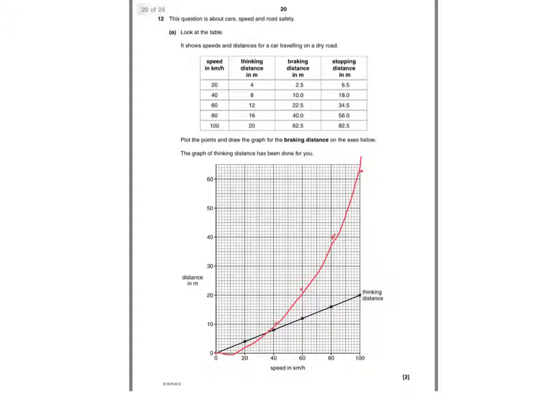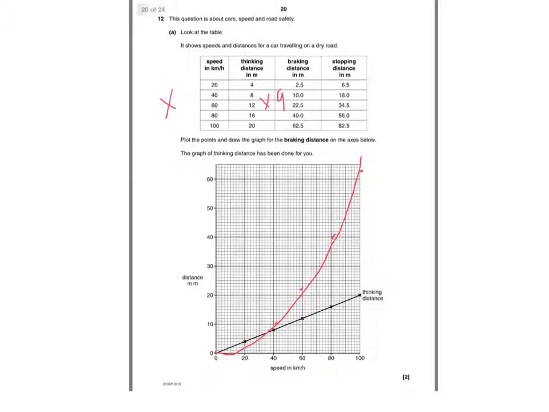Let's have a look. 20 times 3 is 60. What relationship is there between 2.5 and 22.5? Well, I'll divide 22.5 by 2.5 and see how many times we need to multiply upwards. You'll find that it's times 9.